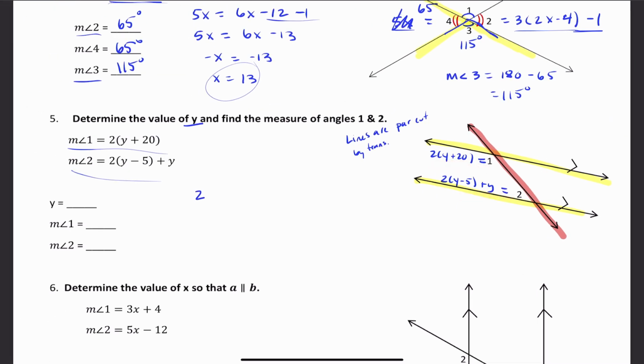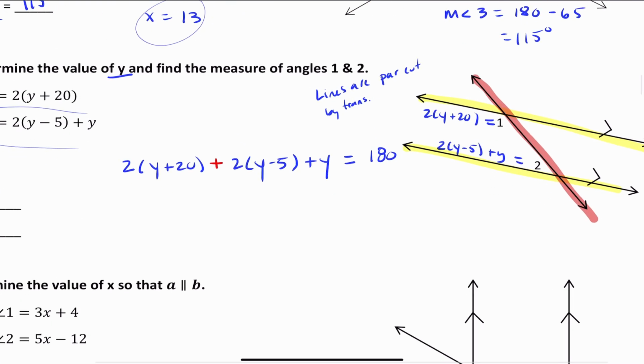So 2 times the quantity y plus 20, plus 2 times the quantity y minus 5 plus y, is equal to 180. Then I'm going to distribute.